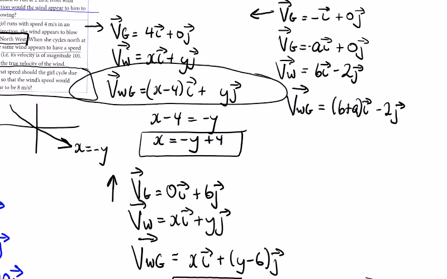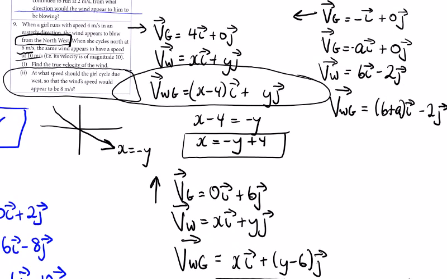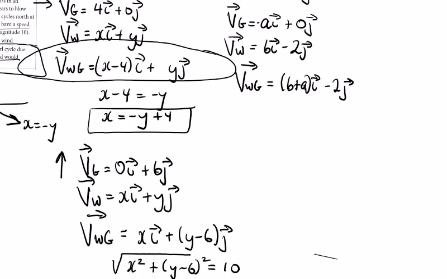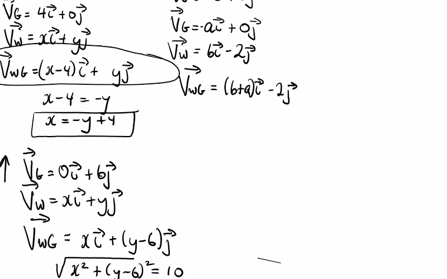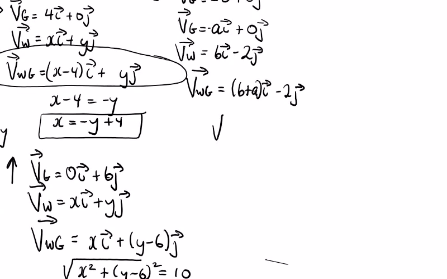And we're told the magnitude. We're told at what speed would the wind speed appear, so it's the apparent wind speed. So the magnitude of this whole thing is equal to 8. So the square root of 6 plus a all squared, so we just have one unknown in here, plus 2 squared is equal to 8.